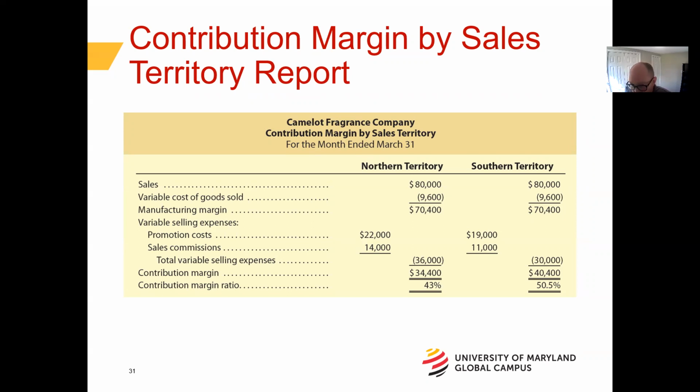Hopefully you all remember how to do that. Contribution margin in sales: 43% Northern Territory, 50.5% Southern Territory. In other words, with this type of sales data, we can run the variable cost model to understand the overall contribution for each territory.